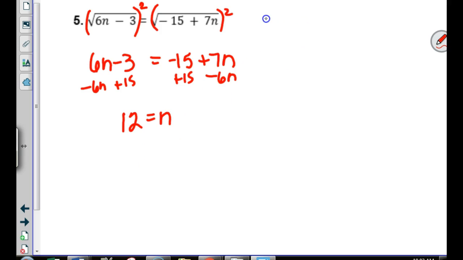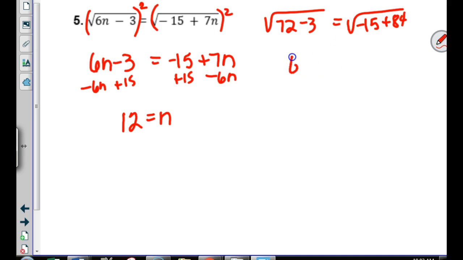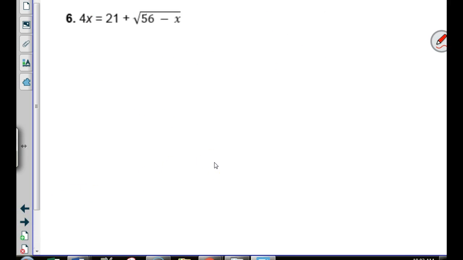Okay, so if I plug it back in, I'd have this. All right, this is 69, and this is 69. So I don't know what disgusting decimal it is, but the square root of 69 equals the square root of 69, right? Yeah. So it's working.